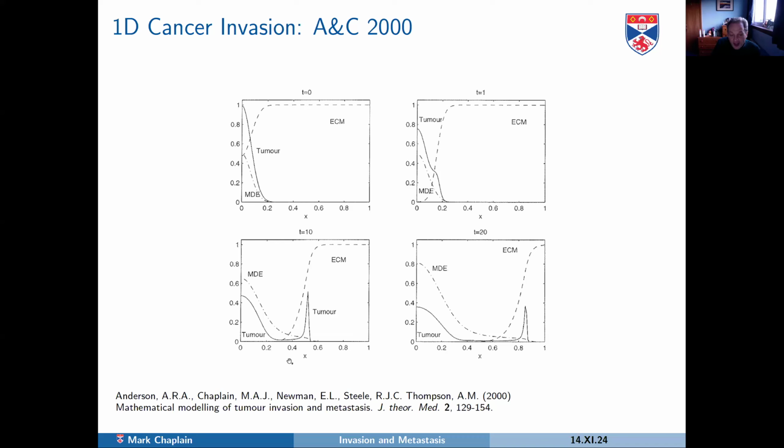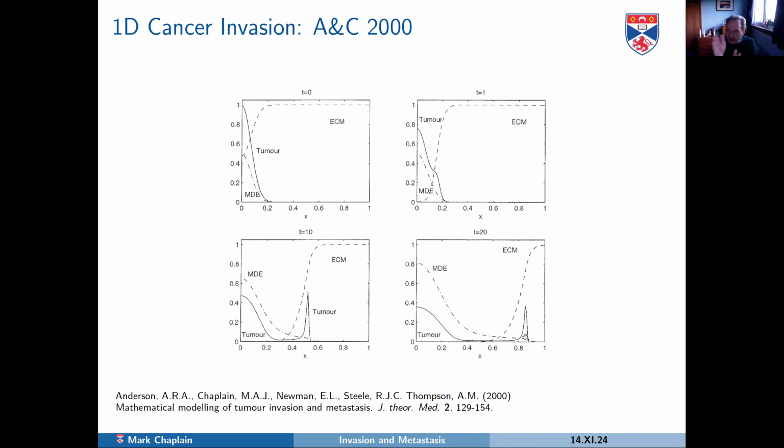And as we can see, because we have no proliferation, it's not a standard traveling wave, but we found this interesting behavior that the tumor cells at the very front, at the leading edge, sort of broke away from the main tumor cells which were left here. They would then move slowly by diffusion, because diffusion is slow. And so this, in a one-dimensional setting, in a very qualitative way, might be the beginning of a localized invasion.